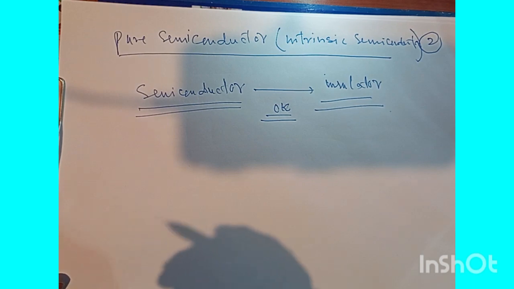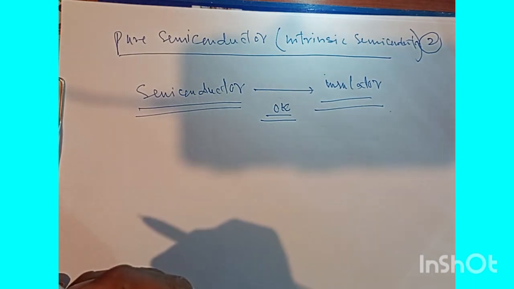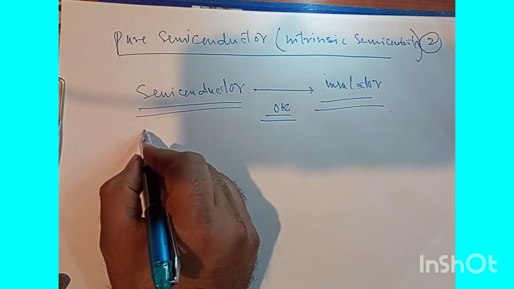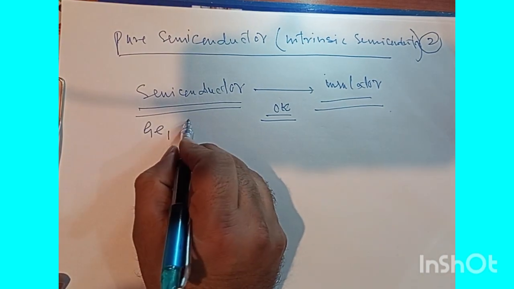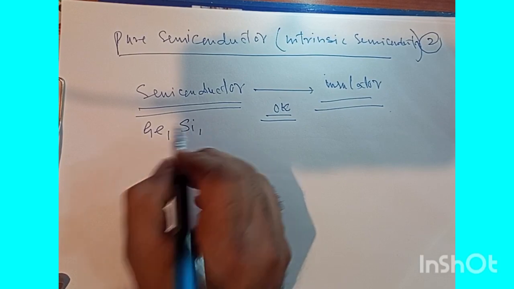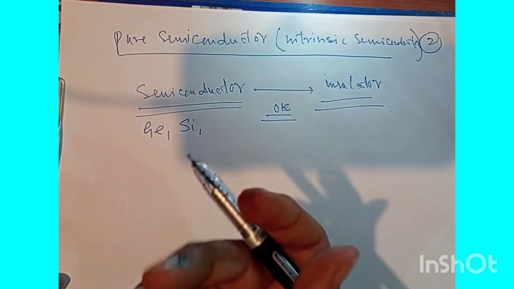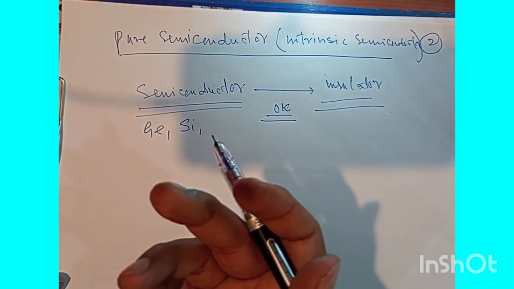We have examples of these semiconductors: germanium is a semiconductor, silicon is a semiconductor, and they are regarded as basic semiconductors.